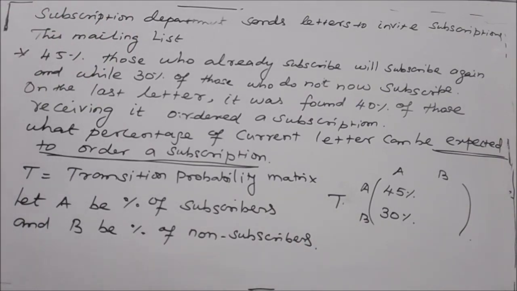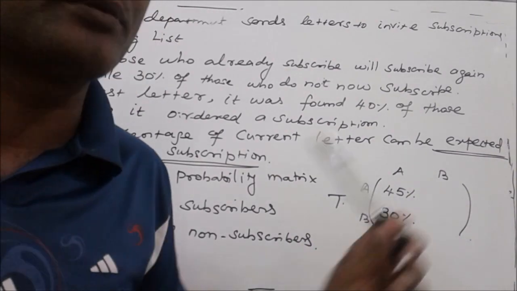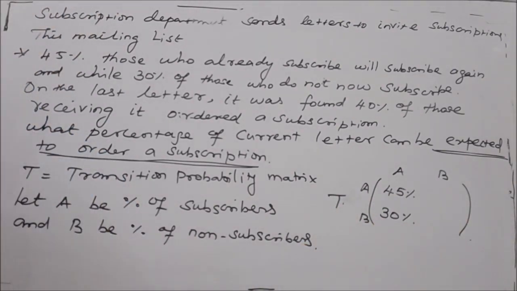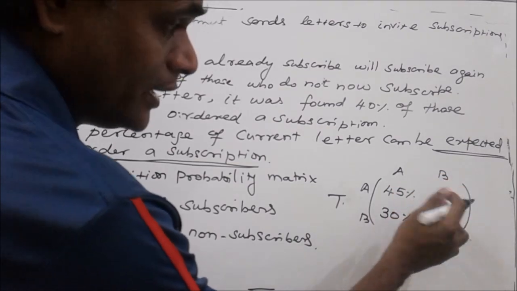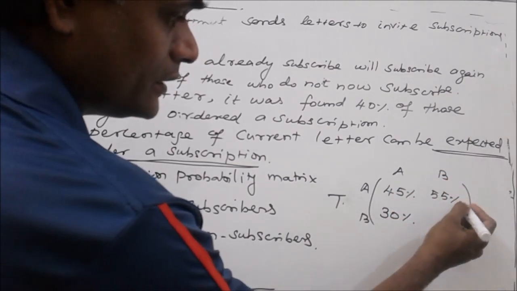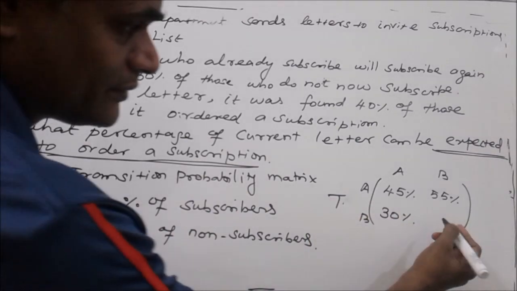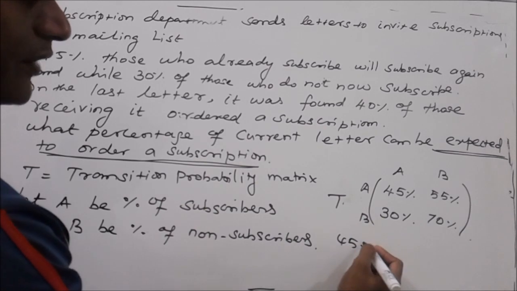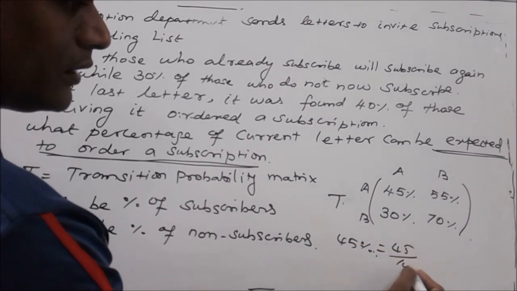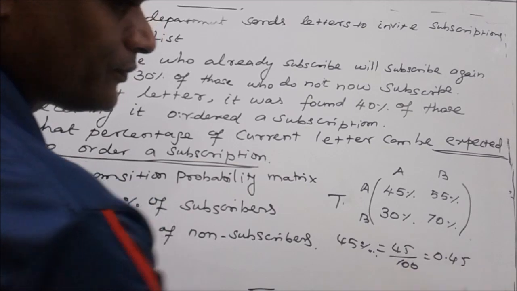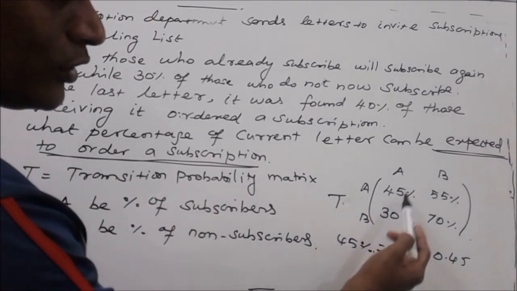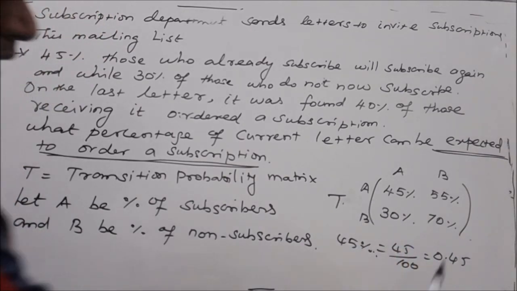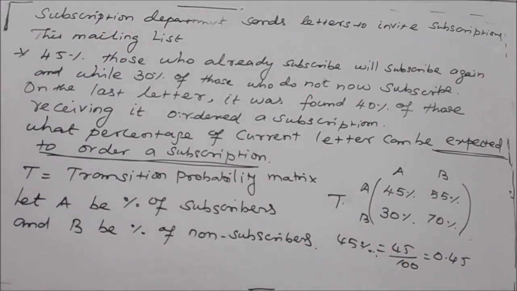I told you these are representing probability. This means the sum of the probability equals 1. So here 45%, the remaining is 55%, and here 30%, the remaining is 70%. 45% means 45 by 100, that is equal to 0.45. That means this one is 0.45, this one is 0.55, this one is 0.30, and another one is 0.70.